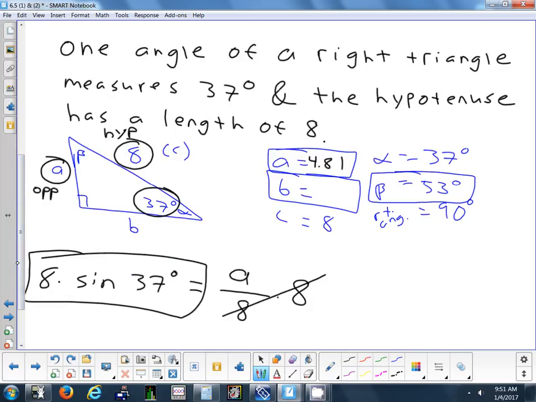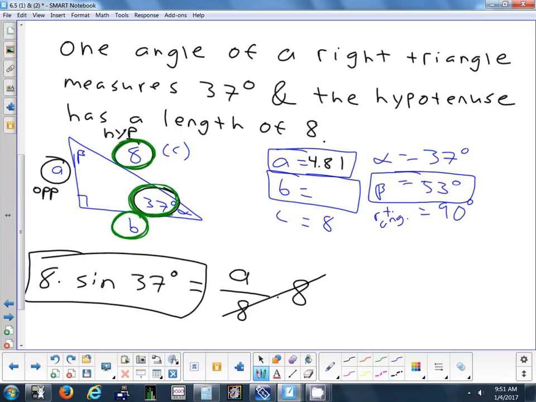Now, because you have A and you have C, you could use the Pythagorean theorem to find B. But why do you think I would probably avoid that? Right. If you made a mistake with A and you use it to find B, now B's wrong. The way I would find B, go back to the angle you were given, go back to the side you were given, and find B. What's the name of B?